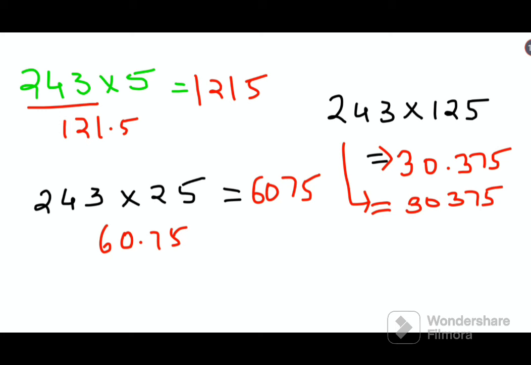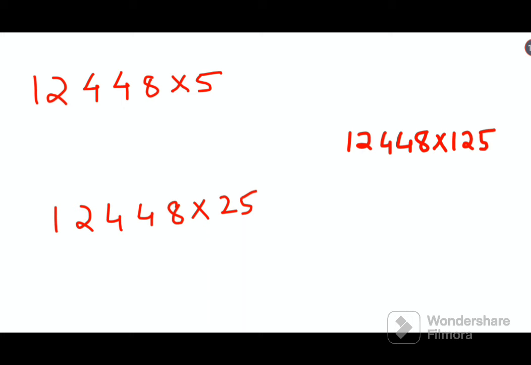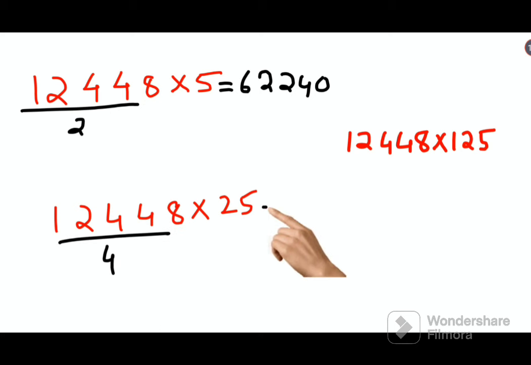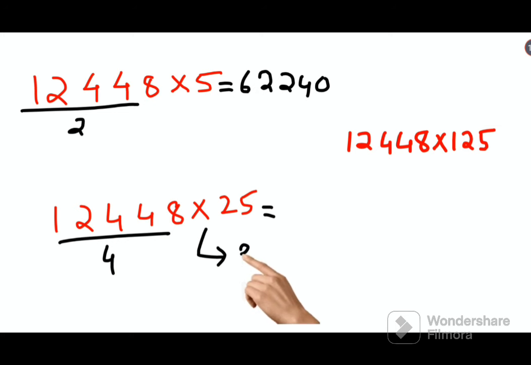Now I'll tell you where this trick will be super helpful. If you have such big numbers, all you have to do is just divide by 2. This will become 62240. You divide this by 4, and your answer will now become 31120.